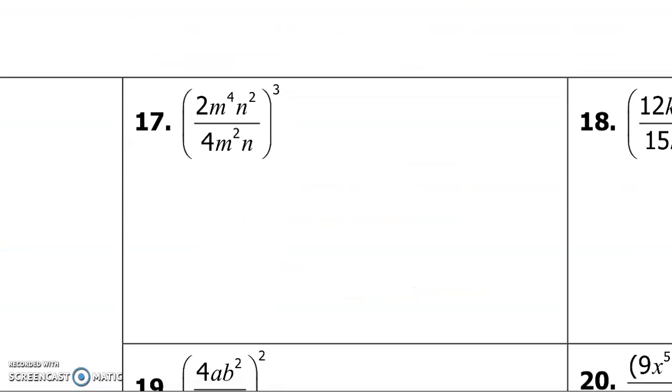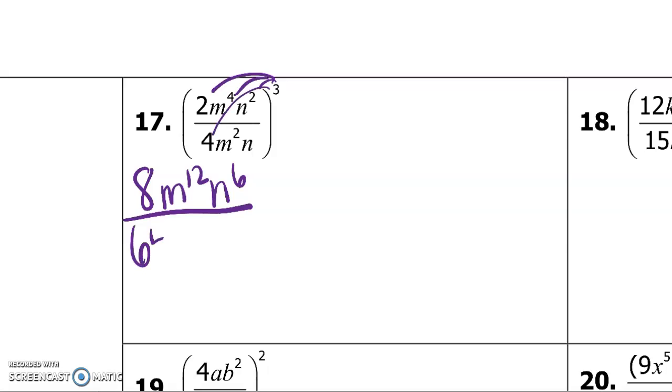When you have an entire quotient, so an entire fraction to an exponent, you just need to do the top separately from the bottom. So 2 to the 3rd is 8. m to the 12th, n to the 6th, over 4 to the 3rd is 64, m to the 6th, n to the 3rd.